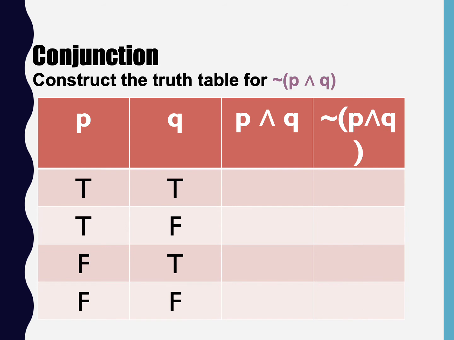Last example, construct the truth table for not conjunction of P and Q. Similar to the very first example, you can now set up the conjunction of P and Q, which is true, false, false, and false. Now, getting the negation of the third column will give you false, true, true, and true.